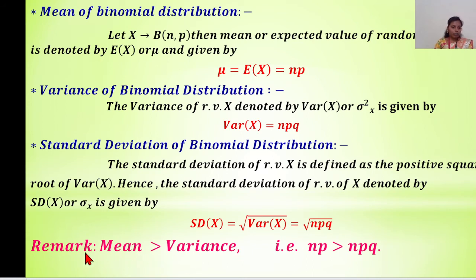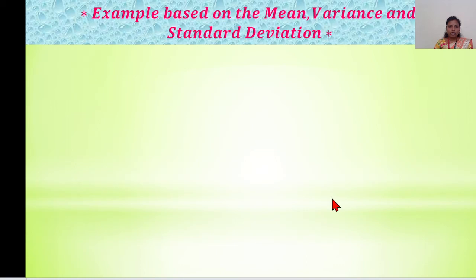Let us see one remark. Here the mean is always greater than the variance, that is np is greater than npq.